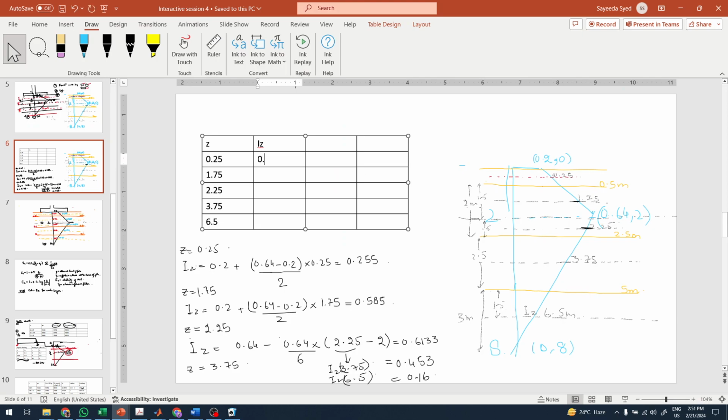This is 0.255. This is 0.585. This is 0.6133, 0.453, 0.16.